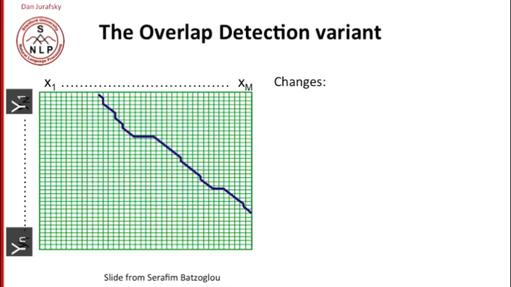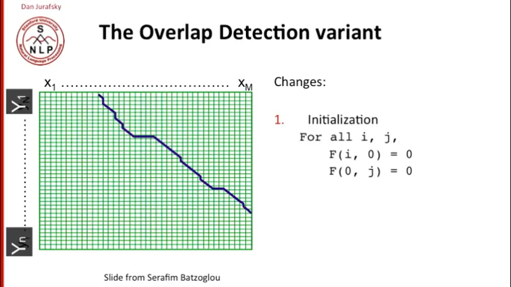So first, we just change the initialization so that it doesn't cost us anything to start from a long string and delete everything or insert everything. So it used to be that we had minus i star d here, and we had minus j star d here.